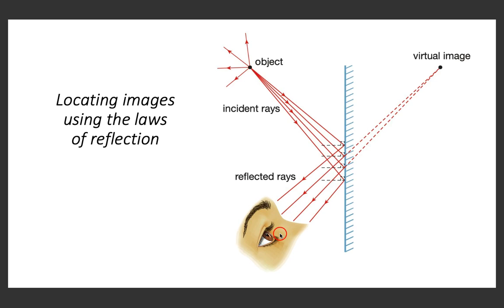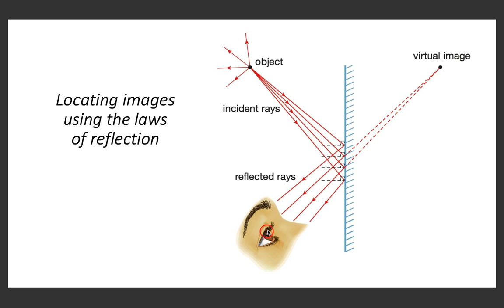Now, if the light rays are hitting this individual's eyes in this way, their brain is going to trace the source of these light rays to be behind the mirror. To this person's eyes, it looks like these light rays are actually coming from over here, because if the object was over here, it would just produce light rays that meet the eye like this.